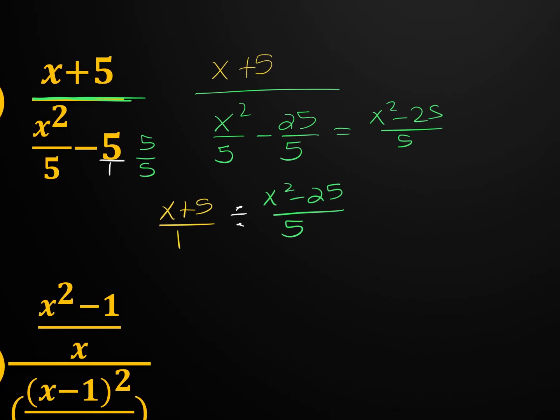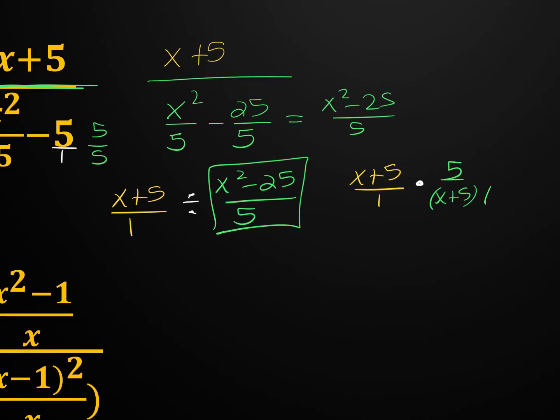So I keep the yellow, change it to multiplication, and I need to flip this fraction here, but I'm also going to factor the difference of squares. So I'm going to factor it into x plus 5 and x minus 5. So this right here became x plus 5, x minus 5.